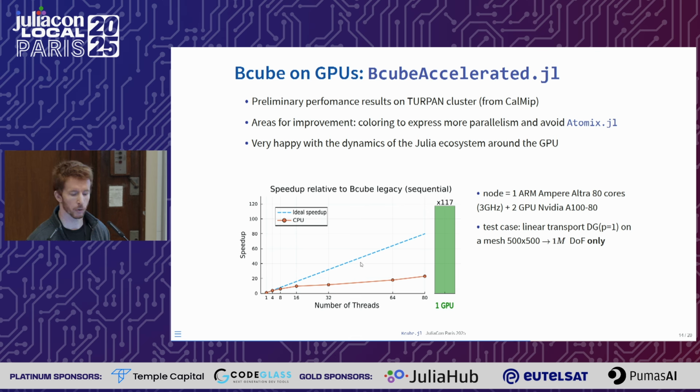The numerical result is also correct, which is very cool too. And thanks to the dynamics around the Julia ecosystem for the GPU, we hope that we will be able to improve this first benchmark.